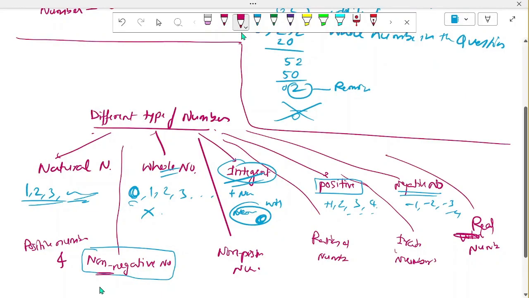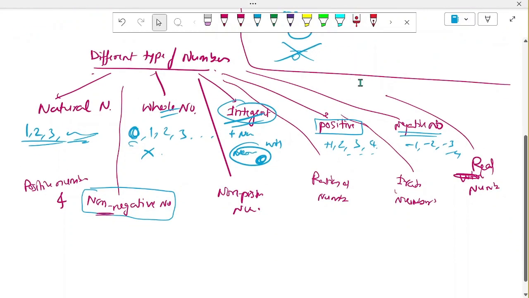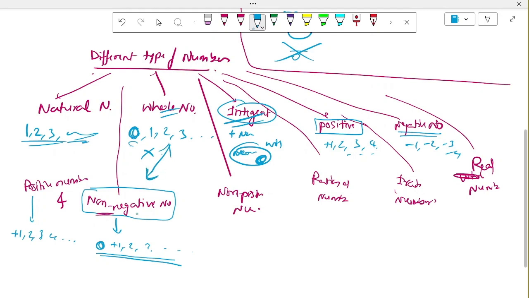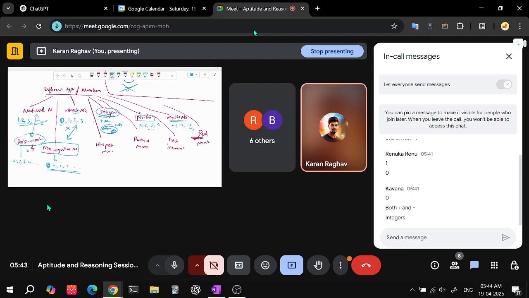If you read the question, you will feel like both are the same, but actually they are not. Positive numbers will include 1, 2, 3, 4, and so on. Non-negative numbers will include 1, 2, 3, 4, but will also include 0. So non-negative numbers are nothing but whole numbers because they include 0 also. But positive numbers are the natural numbers. I hope this one is clear. There is a slight difference between positive numbers and non-negative numbers.